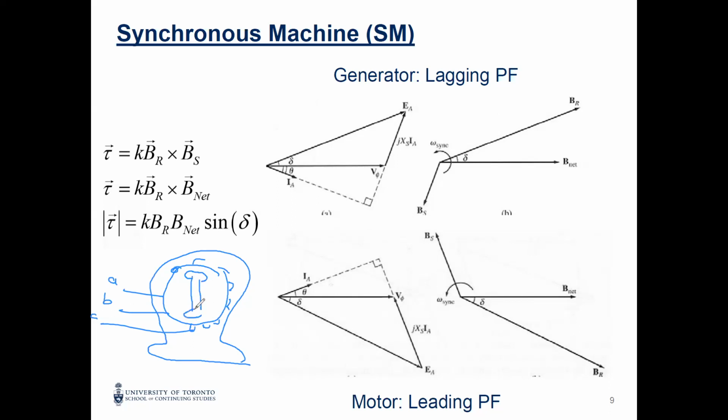This is opposite to the DC machine. And this is the VF, which is the DC source. If you use your right-hand rule, maybe this is N and this is S, so you have a field here with this direction. At the stator, we put the armature. At the rotor, we put the excitation.